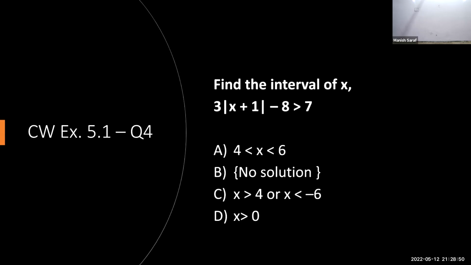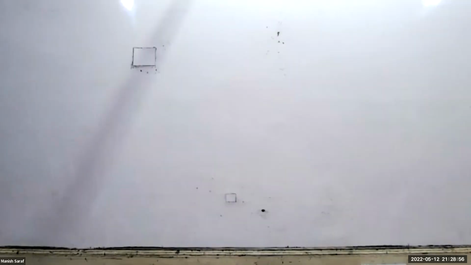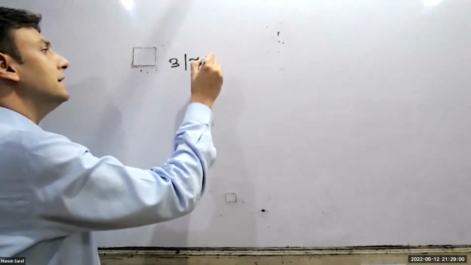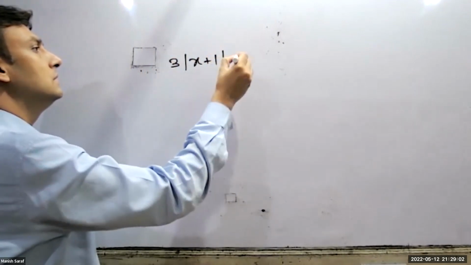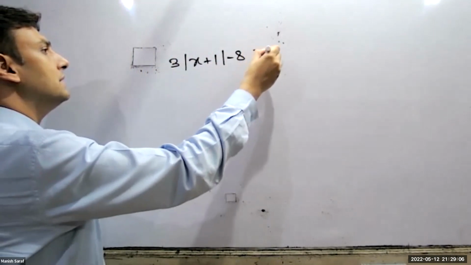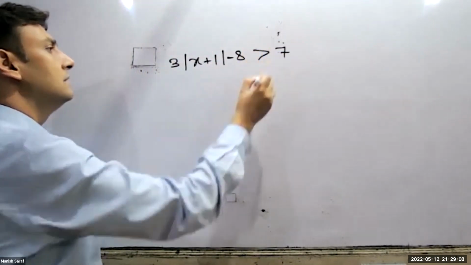Sir, option A. चलो let's solve करते हैं इसको. बताओ मुझे इक्वेशन क्या है. 3 times mod of x plus 1 minus 8 is greater than 7.